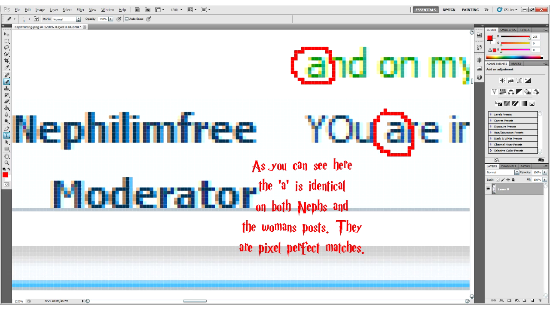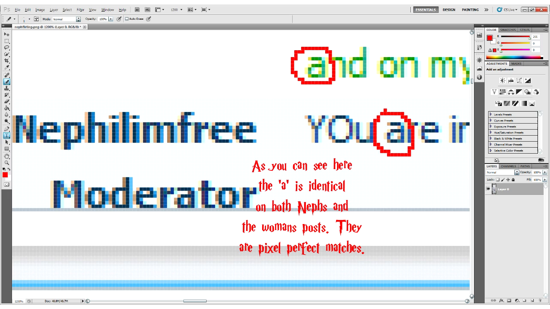So, we're going to take a look at this first picture here, and it is a small section of the screen in this conversation between Nephilimfree and this woman he has been flirting with. Now, I've circled the two points that I want us to take a look at, and we are looking here at two A's. There's a green one, which is the lady's text, and then there is this black one down here, which is Nephilimfree's.